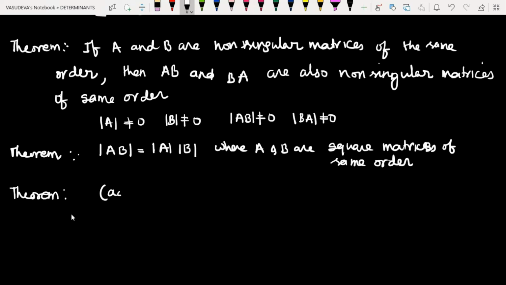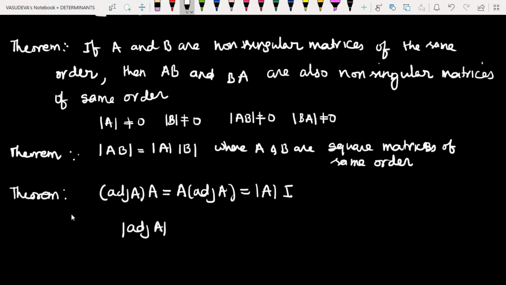If A is a square matrix, adjoint of A into A is equal to A into adjoint of A is equal to determinant of A into I. From this we have shown that determinant of adjoint of A is equal to determinant of A to the power of n minus 1, where A is a square matrix of order n.